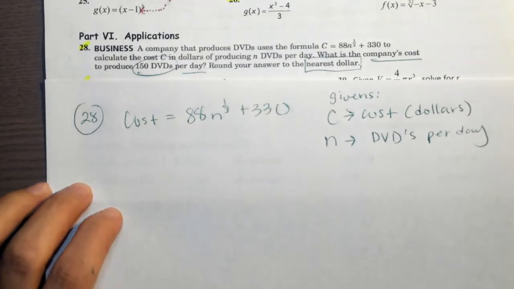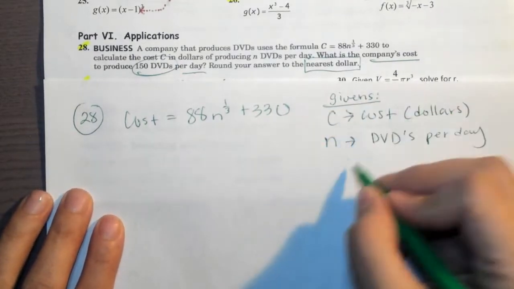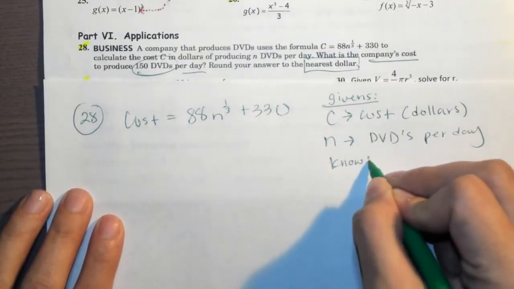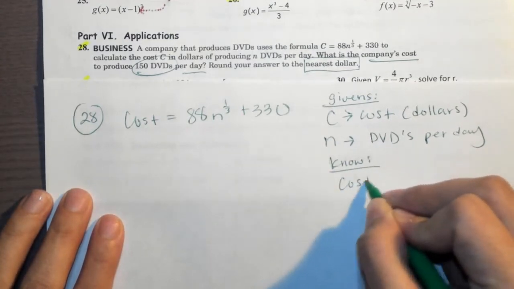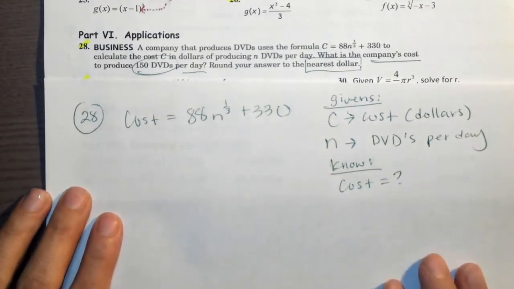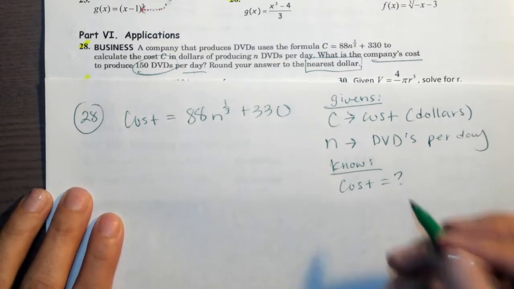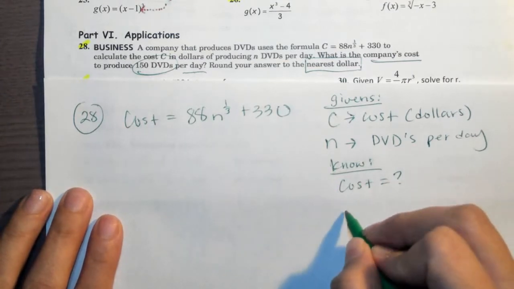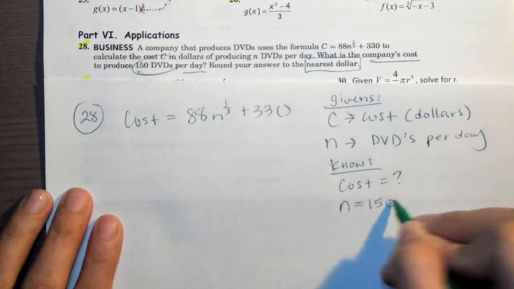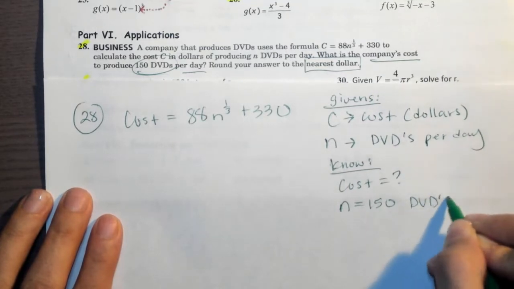So this is what's given, and what do we want to know? What is the cost? That's what we're trying to find when they produce 150, so my N equals 150 DVDs per day.